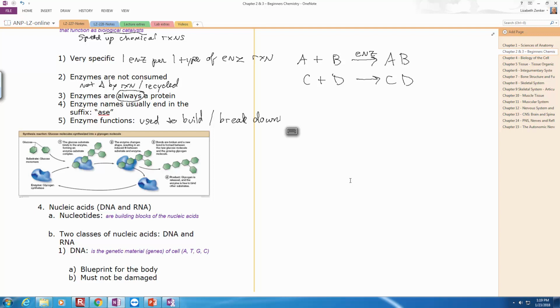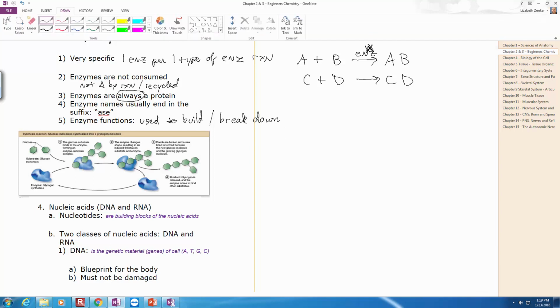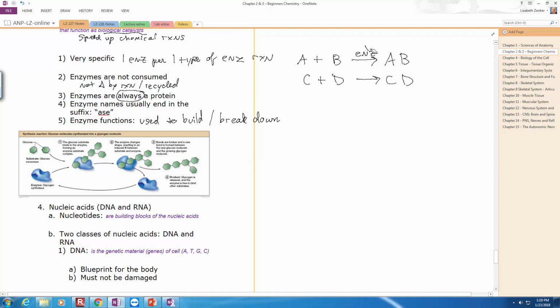So let's call that enzyme X. Then you might need enzyme Y to break AB down to A plus B.